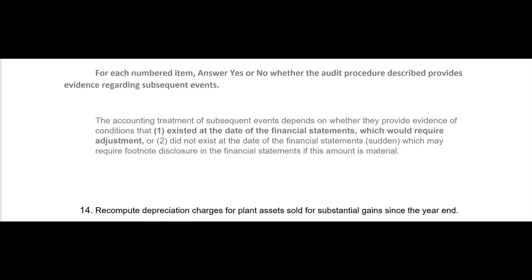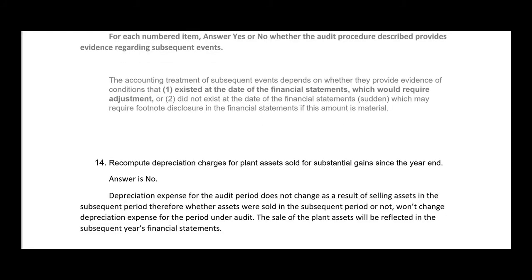Number 14, recompute depreciation charges for plant assets sold for substantial gains since the year end. Would that be an audit procedure providing evidence regarding subsequent events? No, it would not. Depreciation expense for the audit period does not change as a result of selling assets in the subsequent period.